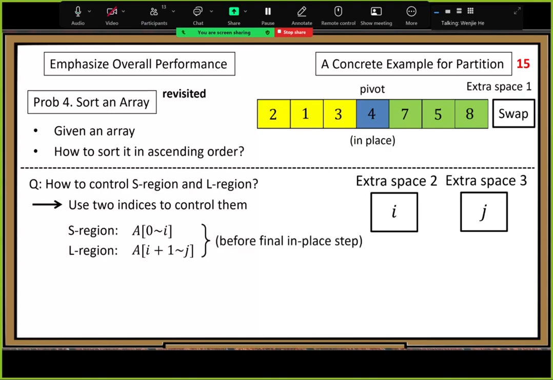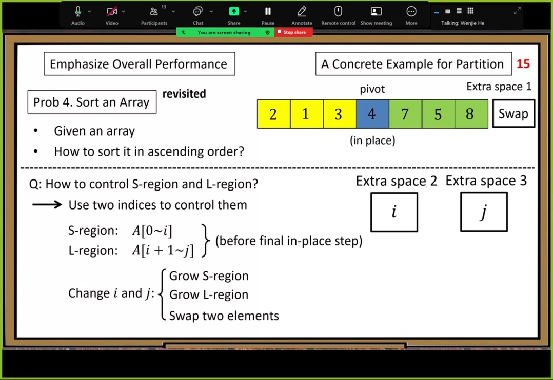Before the final in-place pivot step, every time you need to grow the S region, you change I. Every time you need to grow the L region, you increment J. That's simple.